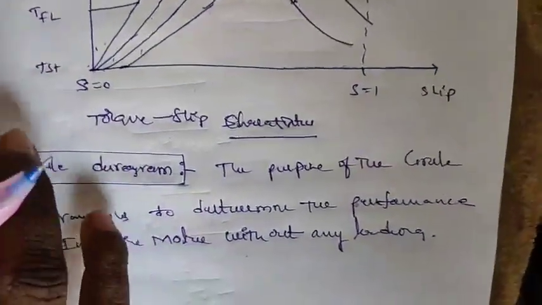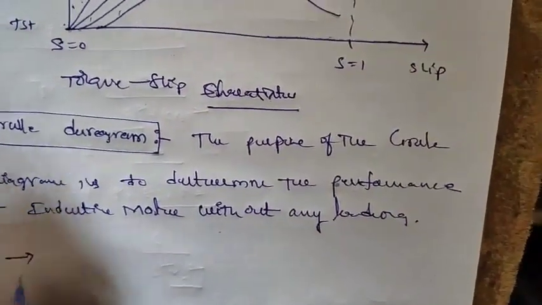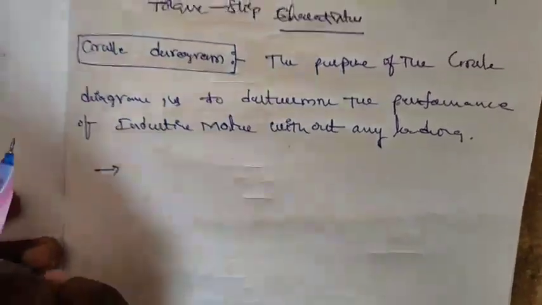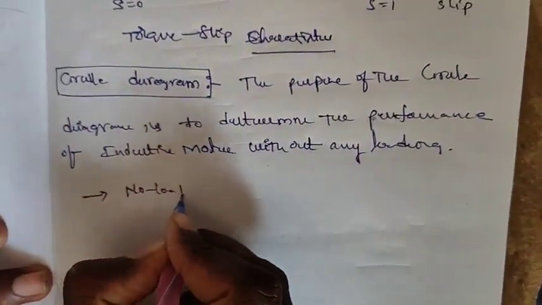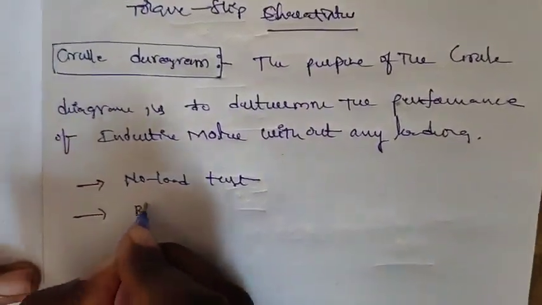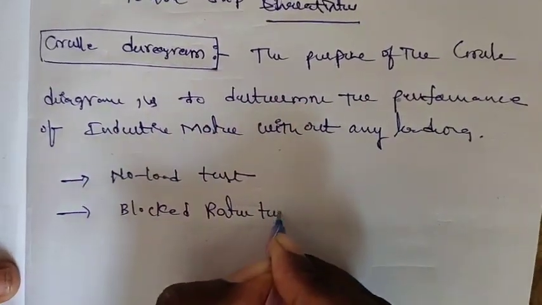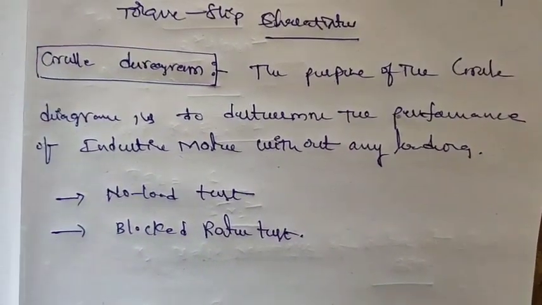Only the no load and blocked rotor tests are used. Here in this circle diagram we have two tests required. The tests are the no load test and the blocked rotor test.